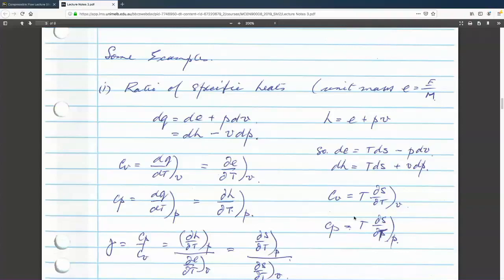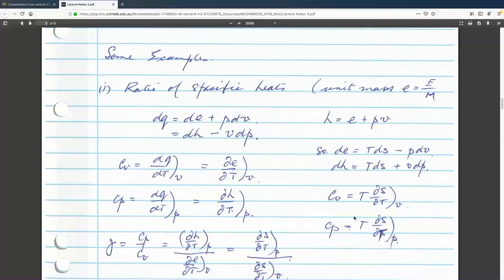So CV is dE/dT, and dE/dT at fixed volume, this is not there, it would be T dS/dT at fixed volume.